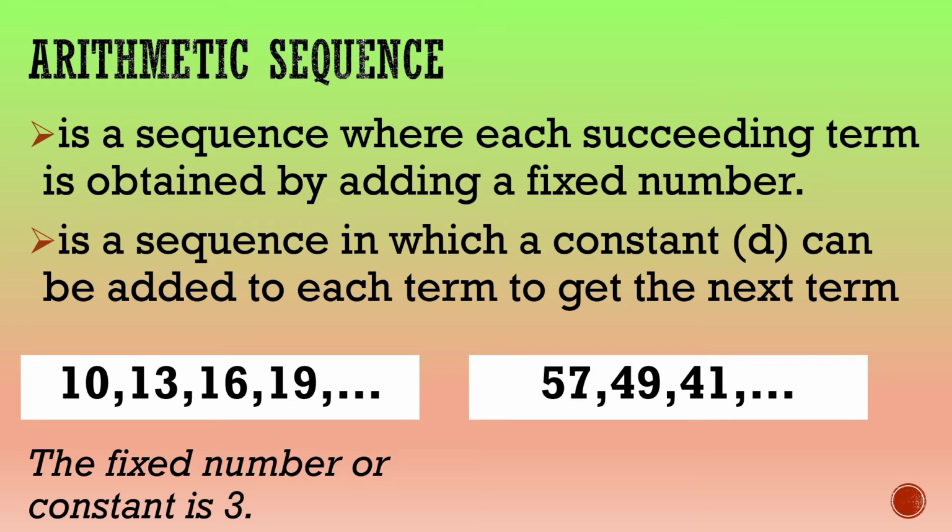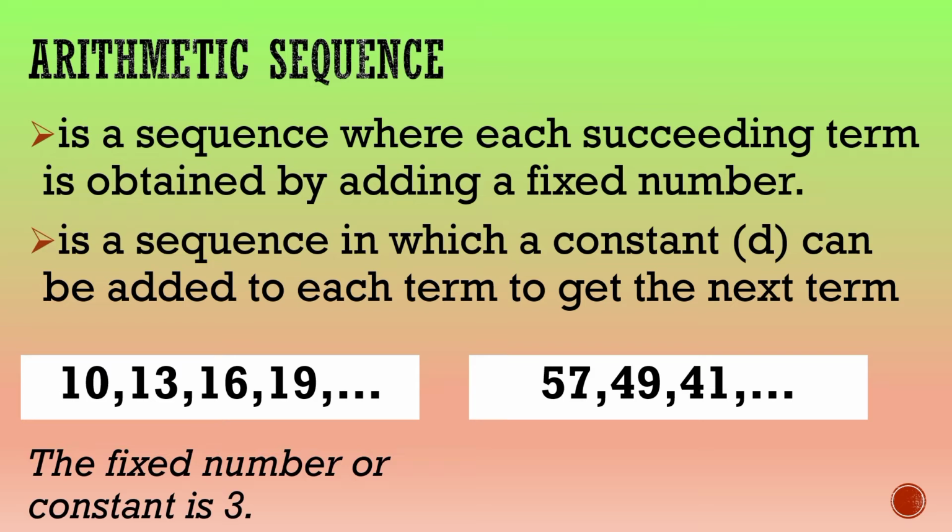Mula kay 10, sa first number natin, si 10. 10 plus 3 is 13. 13 plus 3 is 16. 16 plus 3 is 19. So, therefore, there is a fixed number between each number in the sequence. So, it is an example of arithmetic sequence.